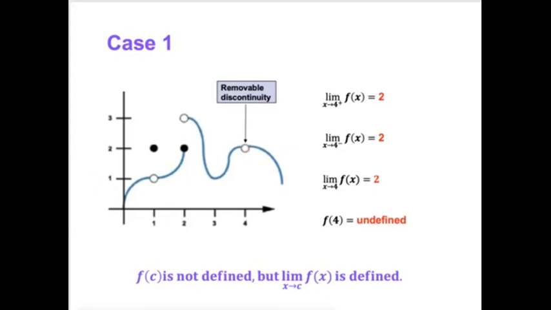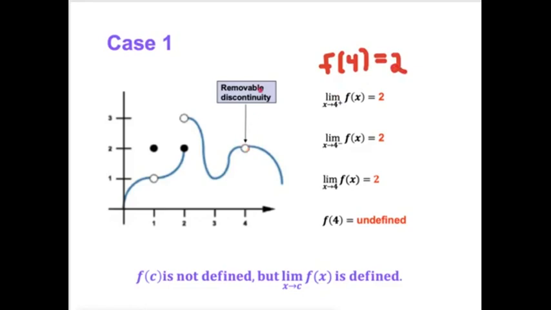A removable discontinuity is a point on the graph where the graph is disconnected and you see a hole in the graph. If we wanted to redefine this function, if we knew what the equation was, we could define f of 4 to equal 2, and that would fill in the hole or connect the graph.